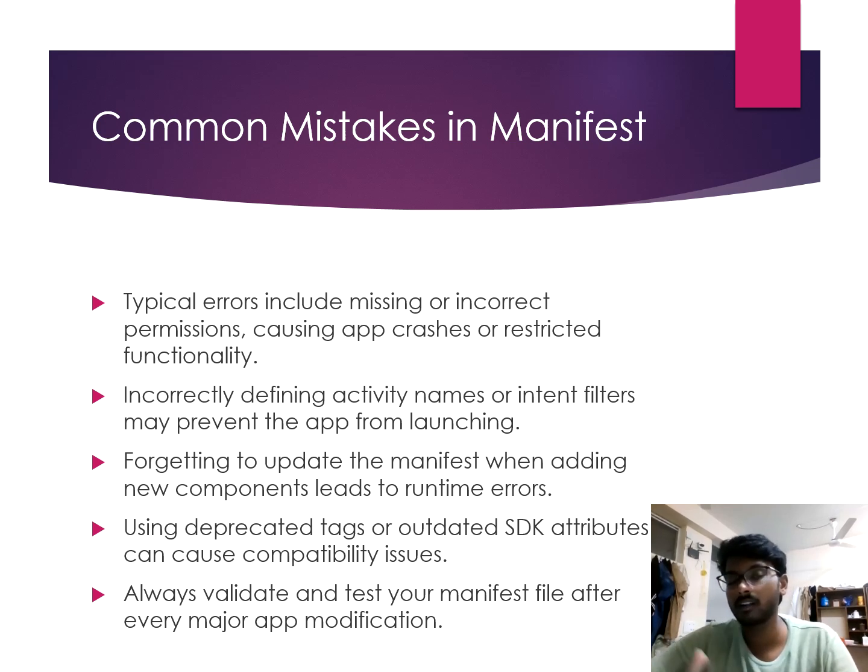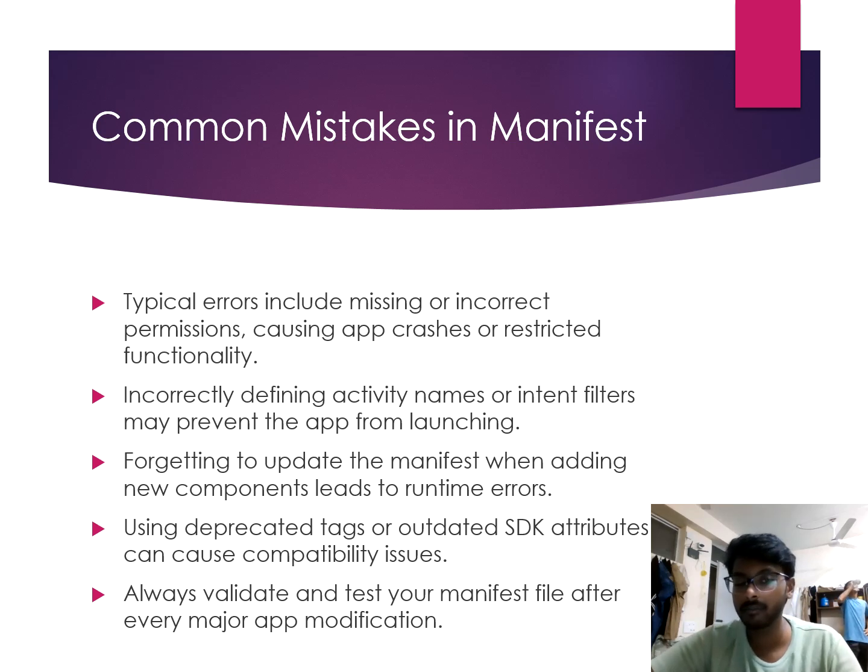So for an app to run, first our manifest file has to be correct. Otherwise, the app won't launch at all. Many developers make small mistakes in the manifest file which cause big problems. For example, forgetting a permission can make an app crash or lose features.